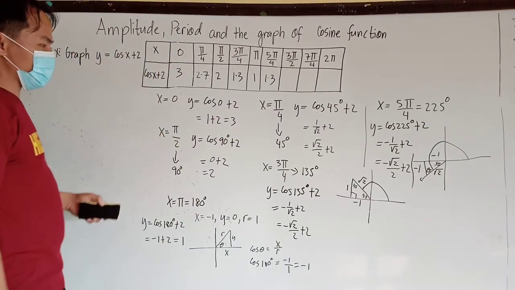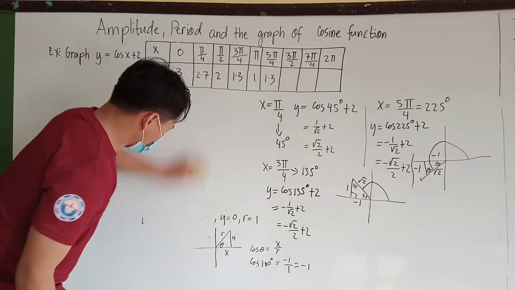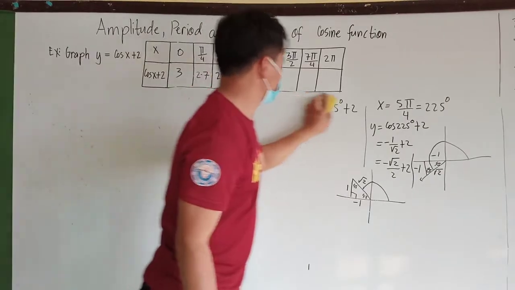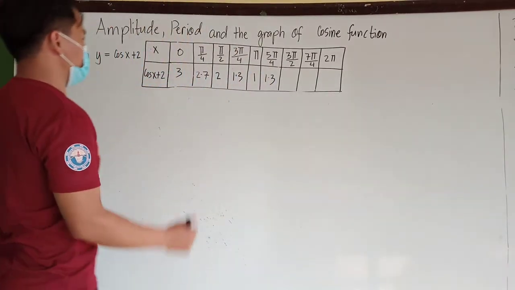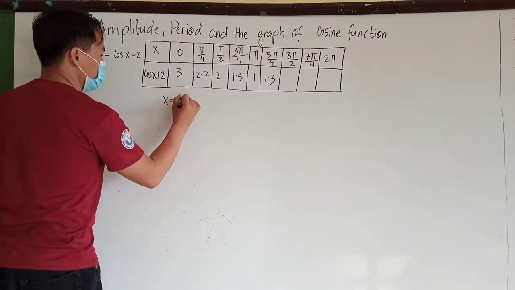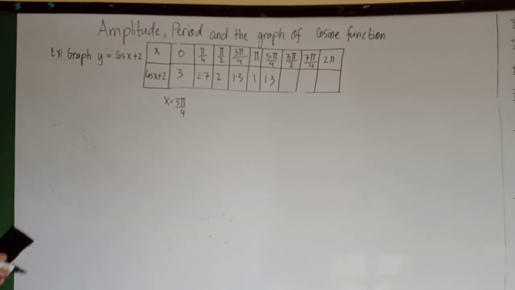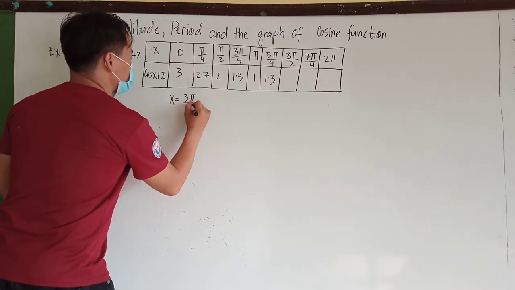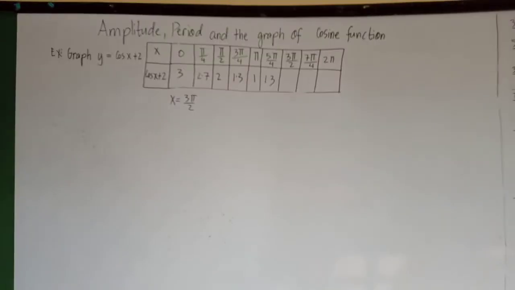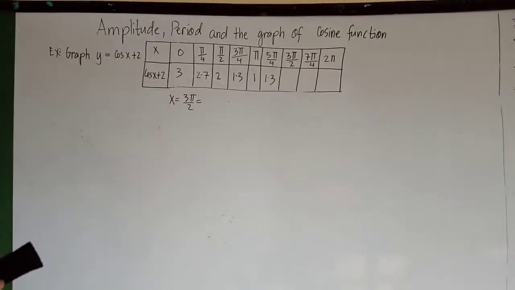Next, we will proceed now with x is equal to 3π/2. Okay, so first, if you erase this one, we need a little more area. Okay, so we have here when x is equal to, not 3π/4, but 3π/2. So 3π/2 we can actually convert, and it is just equal to 270 degrees.